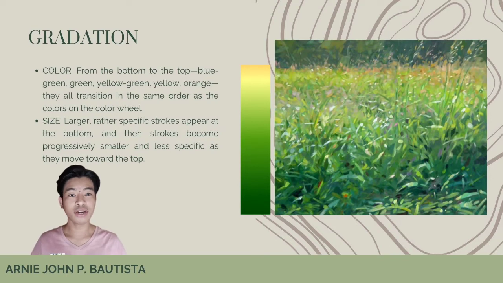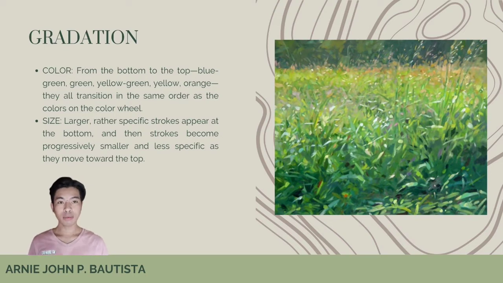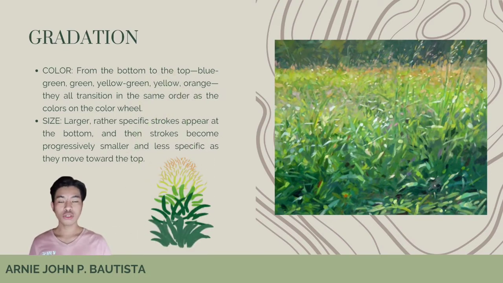As I've said earlier, gradation can come from one color into another, or it transitions from one tone or color to another. Now, colors are not the only thing that is gradated in this painting because there's more. Now let's start on the bottom part again. In the bottom part, you will see that the strokes of the painting are way larger and longer.